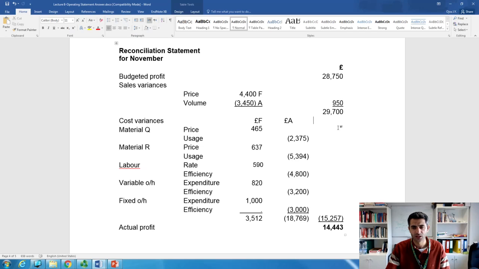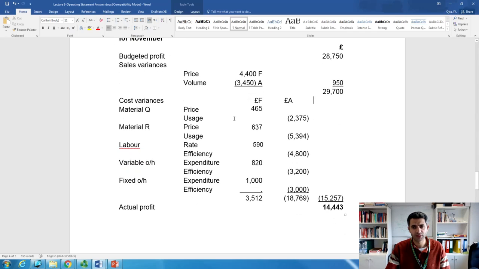Then you need to list all the costs, including materials, labor, variable overhead, and fixed overhead. You just list them under which one goes favorable and which one goes adverse. At the end of the day, we have the total favorable for the costs, and the total adverse, so the net is £15,257.